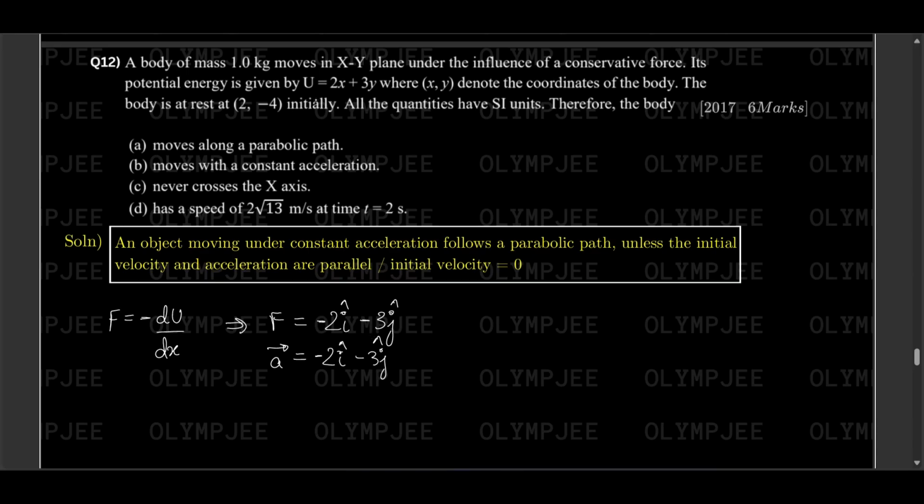And since initially the body is at rest, v0 is equal to 0. So that means if the initial velocity is 0, then we saw that it will move in a straight line and not in a parabola. So option A is wrong. It moves with a constant acceleration, yes.